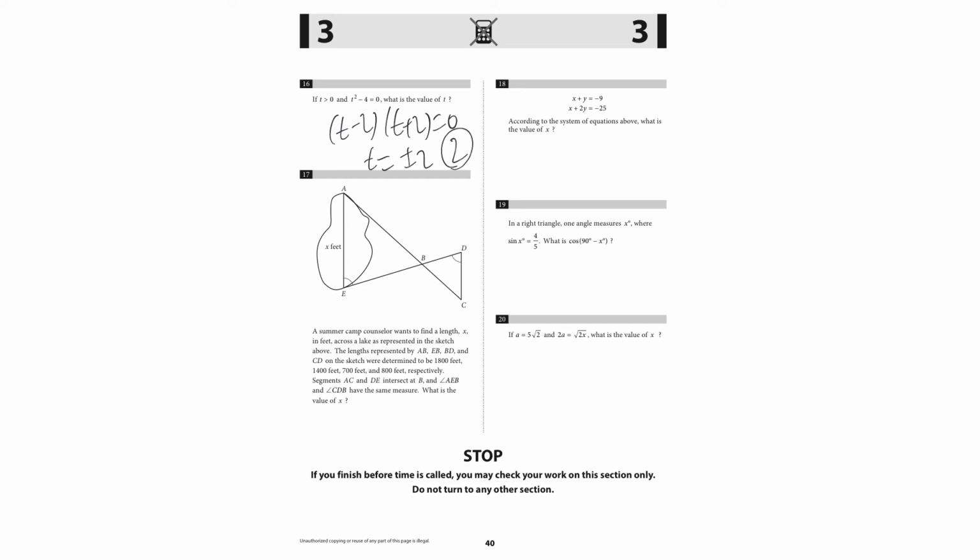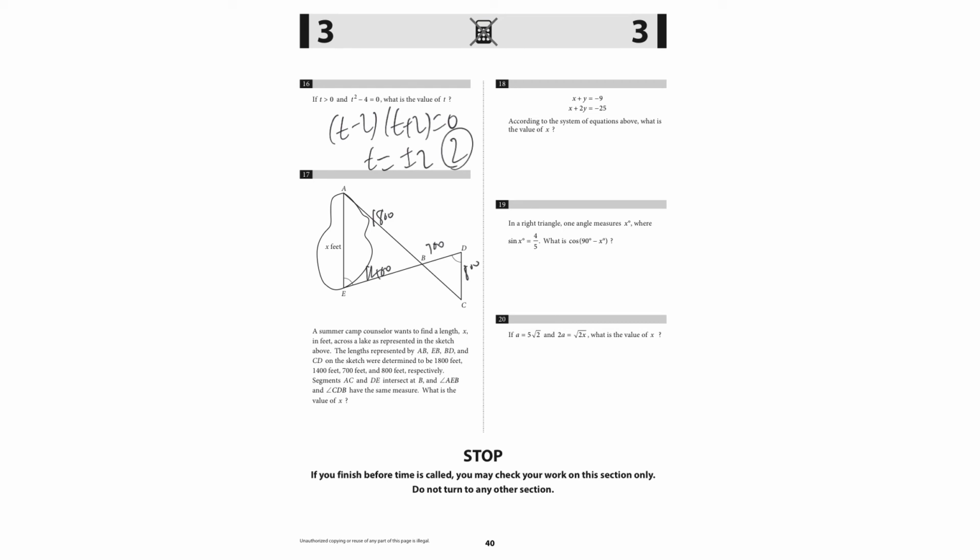So this is 1800, and then EB is 1400, and then BD is 700, and CD is 800. And they're saying segments AC and ED intersect at B, and angle AEB is equal to angle CDB. What is the value of x?